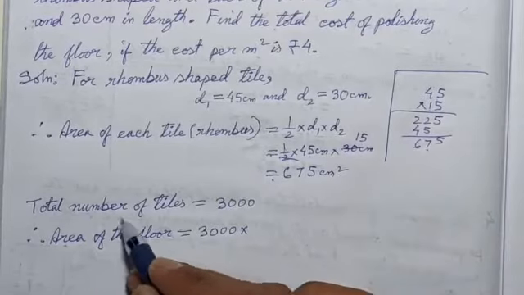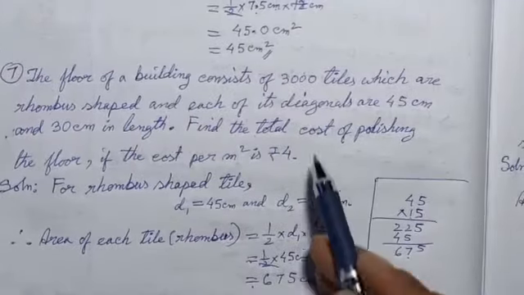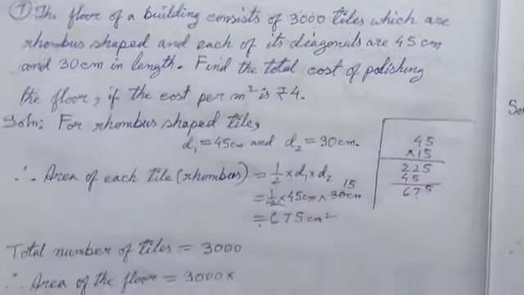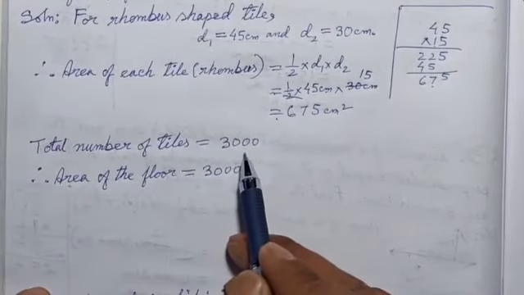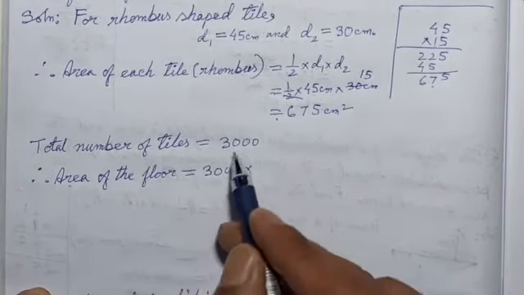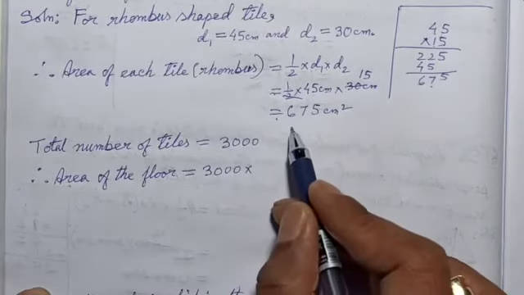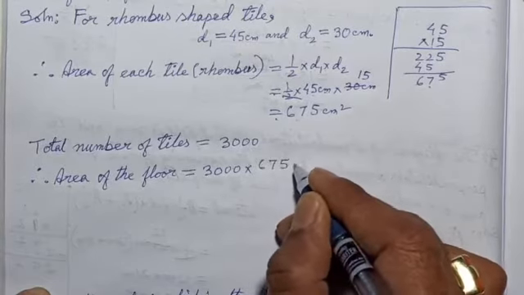Next is the total number of tiles that is given in the question. That is 3000. Therefore the area of the floor will be the number of tiles into the area of a tile, that means 3000 into 675 centimeter square.